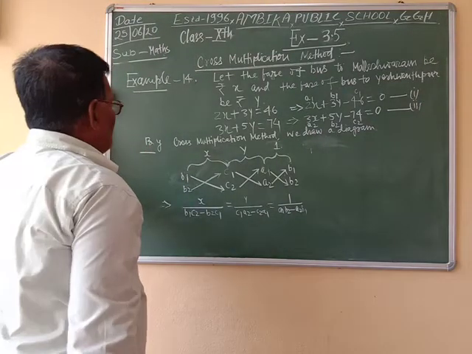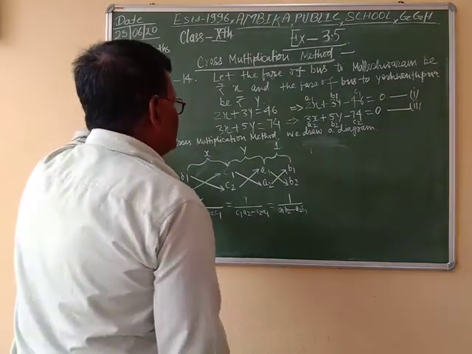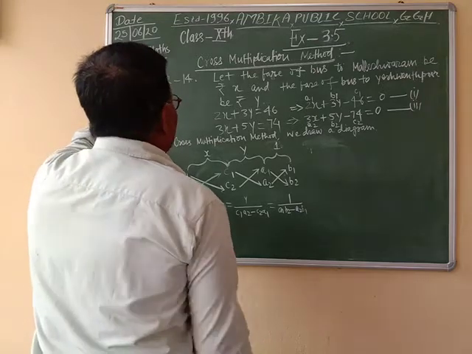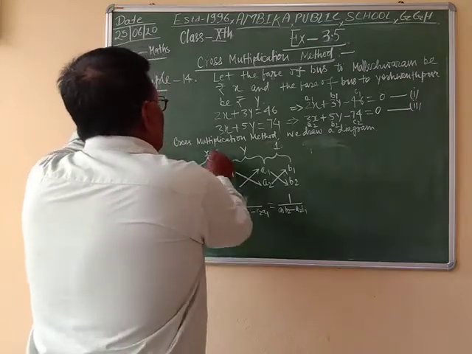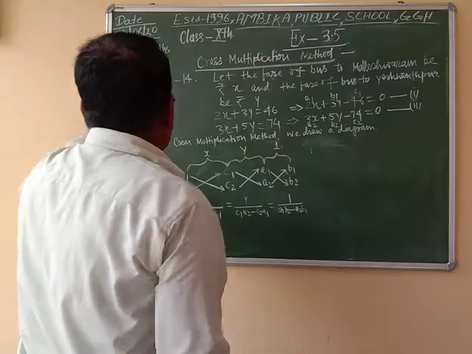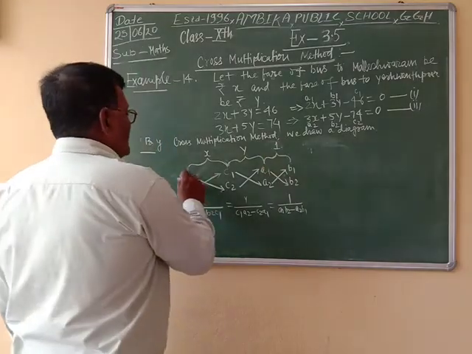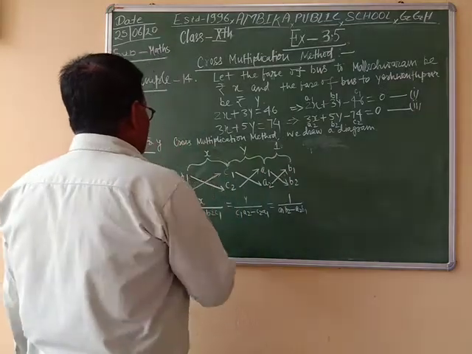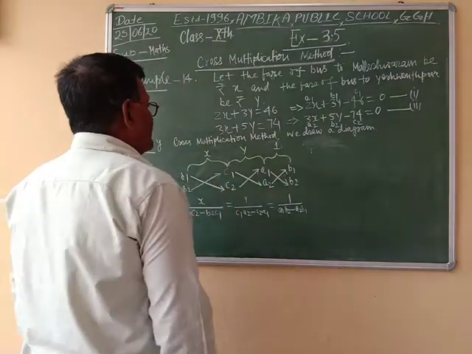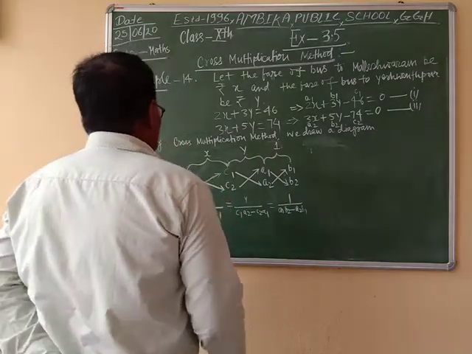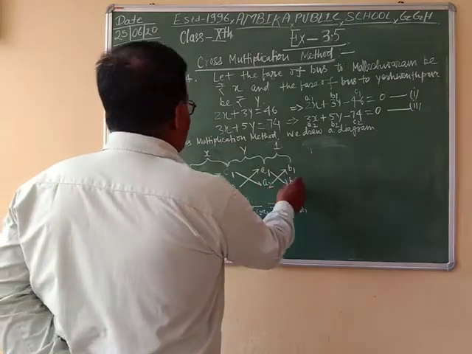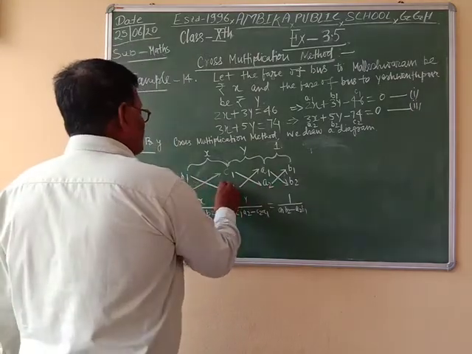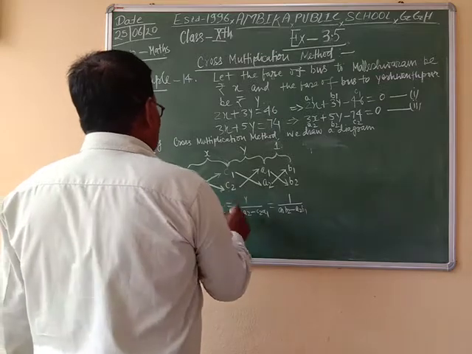Again, by cross multiplication method we draw a diagram such as x, y, 1, and we write above it B1 C1 A1 B1, and under it we write B2 C2 A2 B2, and we draw arrows.